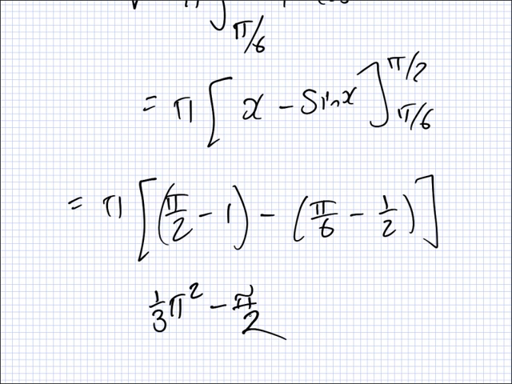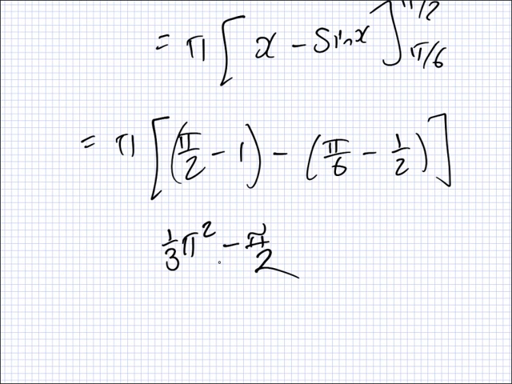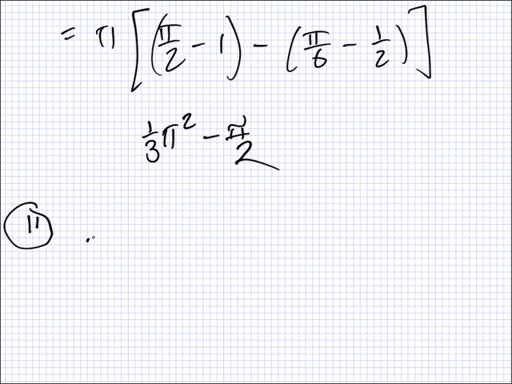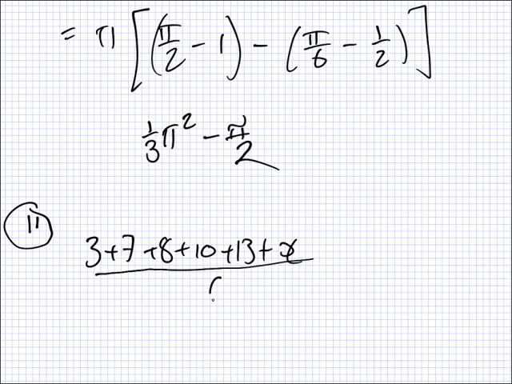Question 11. Find x if the mean is 11. So you have 3 plus 7 plus 8 plus 10 plus 13 plus x, over 6, is 11. So that means they all add up to make 66.